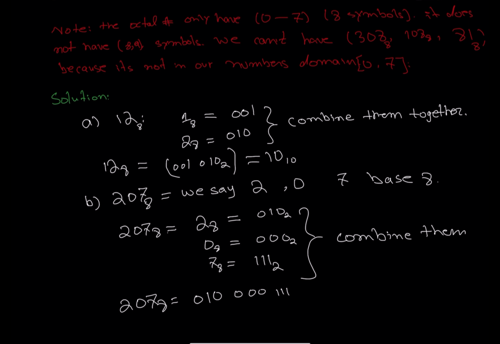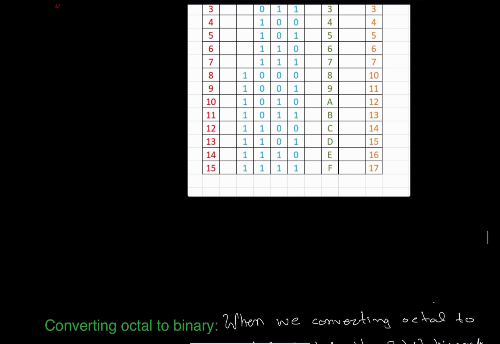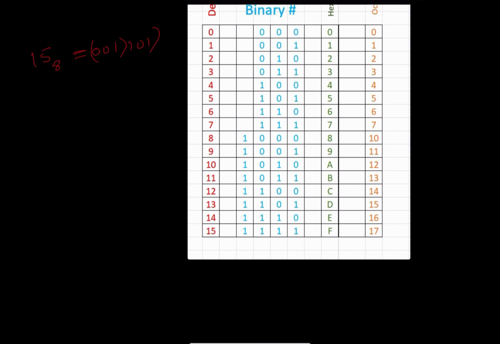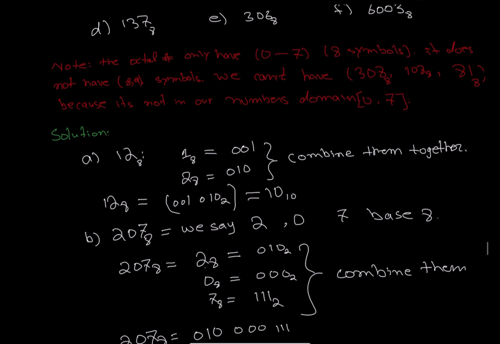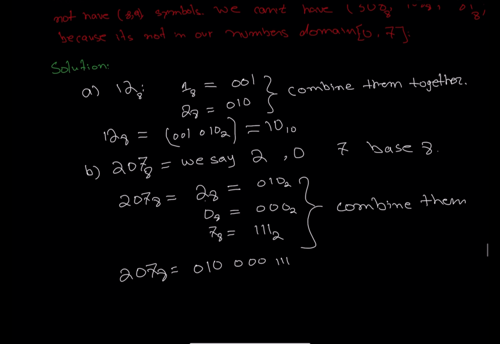So each digit, you write it down and represent it from the table that I've given you here. From this table you can write down that 2 is equal to 010, 7 is equal to 111, and 0 is 000. You can use that table to work on this problem, or you can memorize the binary numbers up to 7 or 10.